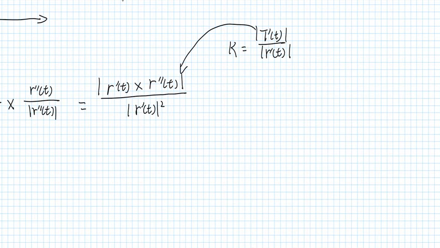And then we also need to divide by r'(t), which shows the change in the arc length with respect to time. So finally, we can get the curvature of a vector function, and it is written in this way.